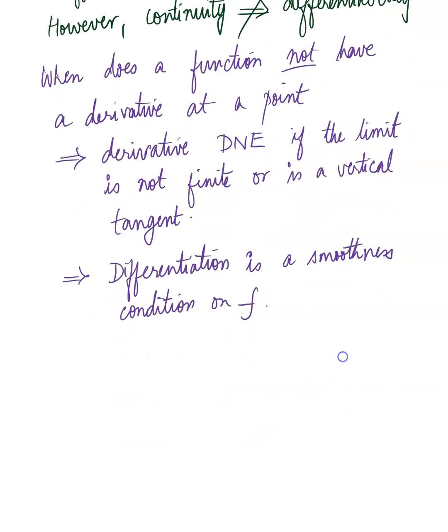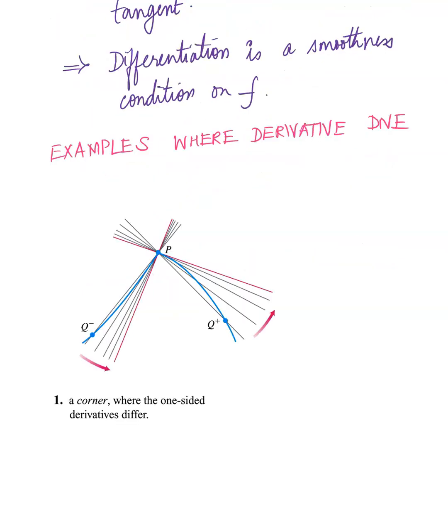If the graph is not smooth at a point, if it's pointy, those are the places where you will not find a derivative to exist. So here are some examples where the derivative does not exist at that point.